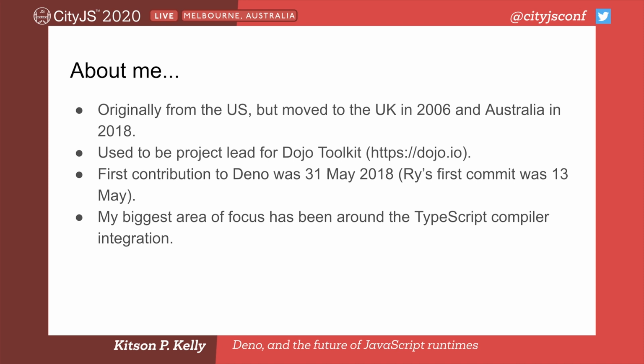Ryan's first commit was the 13th of May. So I've been working with Deno pretty much since its announcement as a prototype. My biggest area of focus has been around TypeScript and how TypeScript integrates into the compiler within Deno to provide a sort of seamless usage of TypeScript within Deno.